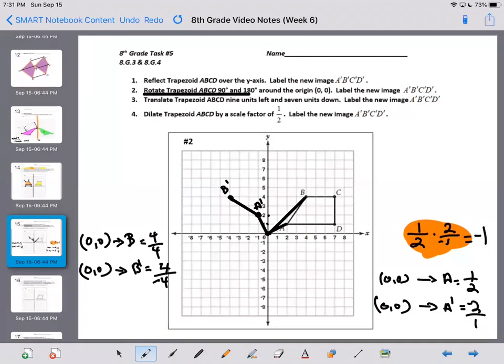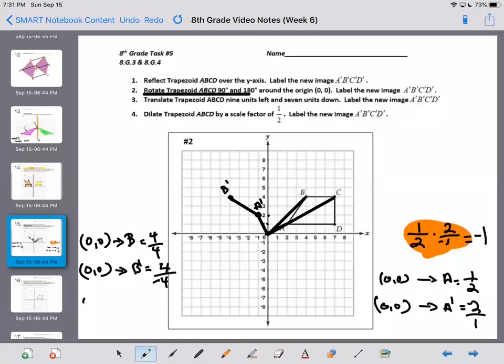And now let's look at C prime. Well, from C, it's going to be an increase of 4 and up 4 to the right 7. That's the slope that I'm looking at right here. That slope of that line is an increase of 4 and increase of 7. So rise of 4, a run of 7, moving from the origin, that would land me on point C. Well, I need to do the same thing.